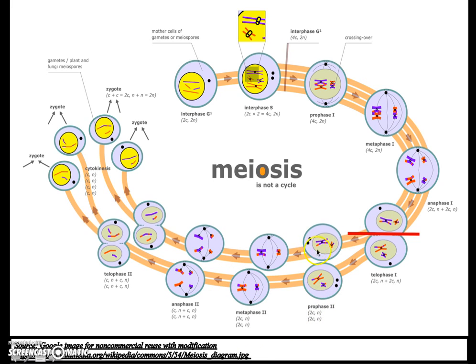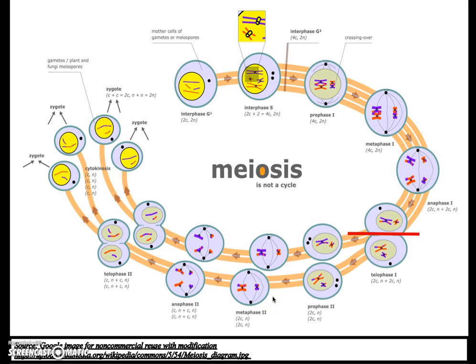Here at metaphase 2, the chromosomes are aligned on the metaphase plate, but at late prophase 2, the chromosomes will slowly move to make that line at metaphase 2.